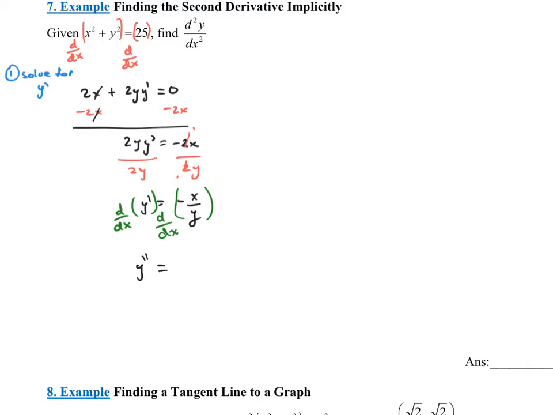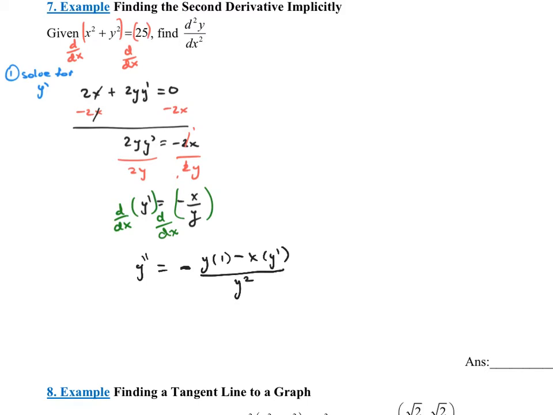And on the right-hand side, now I need to use the quotient rule. So I'm just going to keep the negative out in front. It's like a -1 constant multiple, right? And I'm going to do low, which is y, times the derivative of the high, which would be 1, minus the high, which would be x, times the derivative of the low, which would be y prime, right? All over the bottom squared, which is y squared.